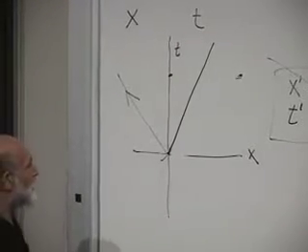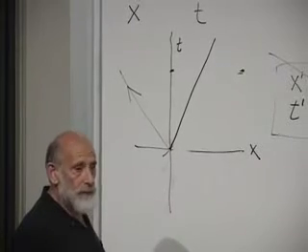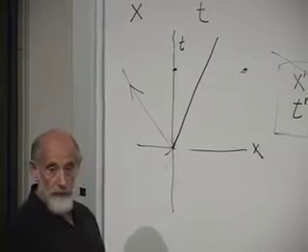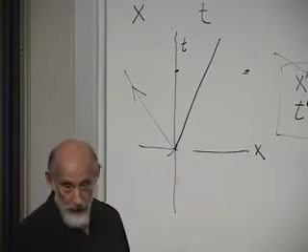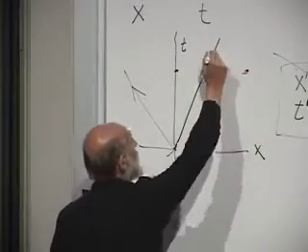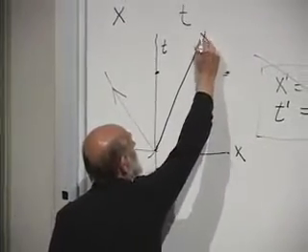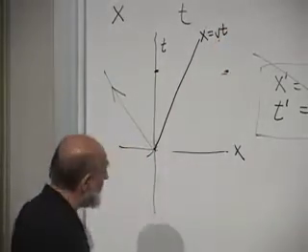Okay. What does it mean to say that from your perspective, my frame of reference or my origin is moving with velocity v? Well, by definition, this is not a law now, this is a definition. It says that this line here has the equation x equals vt. That's the definition of this v here.